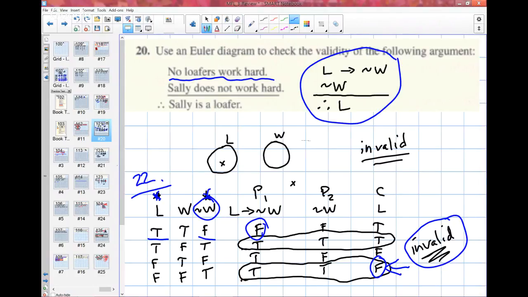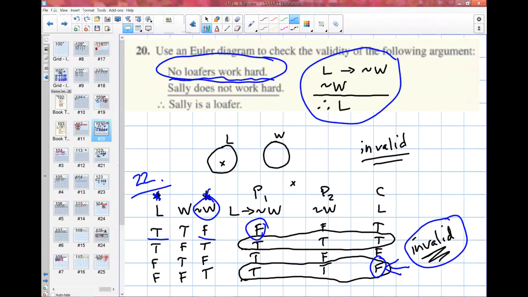So again, Susan, if you coded that with different letters, this may look like a whole different problem to you, but you code it differently. Negative L. I was trying to make it work with negative. Oh yeah, so you said if you're not a loafer. This sentence up here is a hard one to translate.